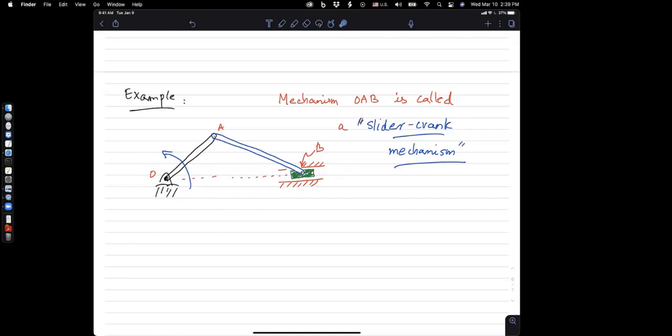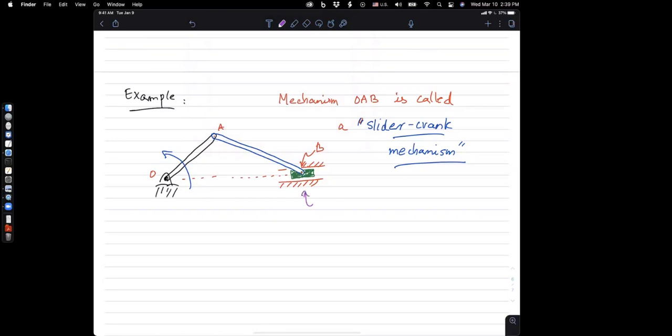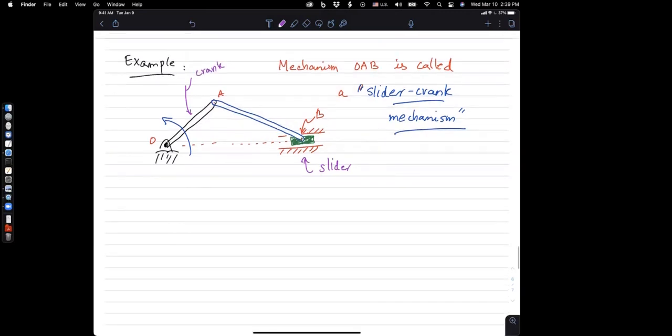So roughly speaking, this is the slider and this is the crank. A few tens of billions in the world, all IC engine cars.